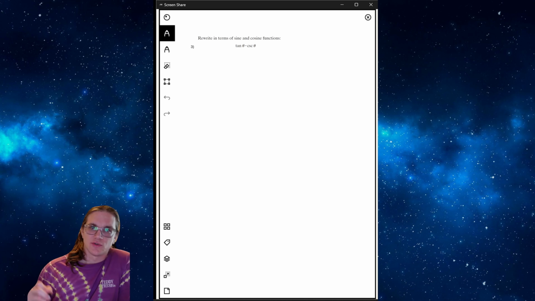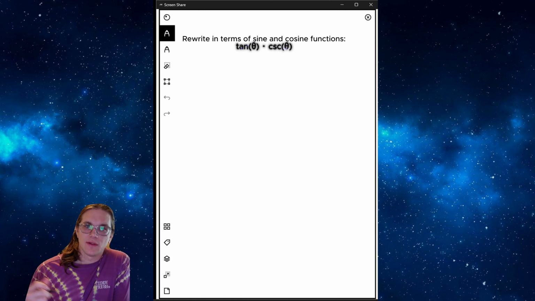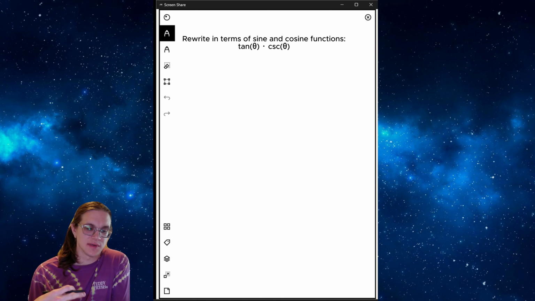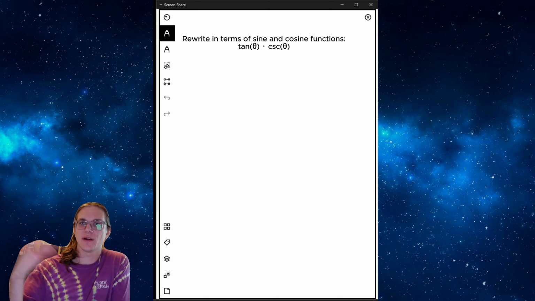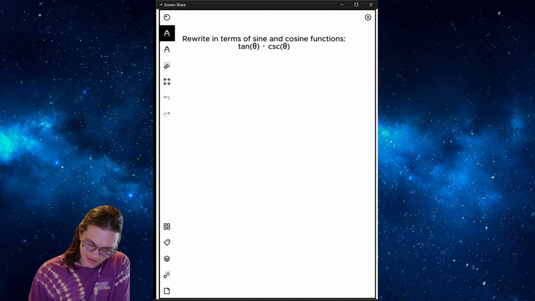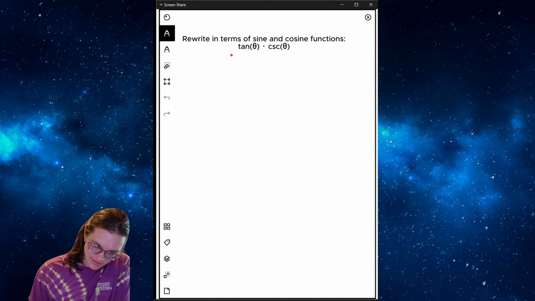All right. This problem wants us to rewrite this in terms of cosine and sine. And I spoke about this. The reason this question has that in it is because that's something you tend to want to do to simplify things, make your life easier. In any problem you have related to trig, you've probably seen me do it in many of these videos already.